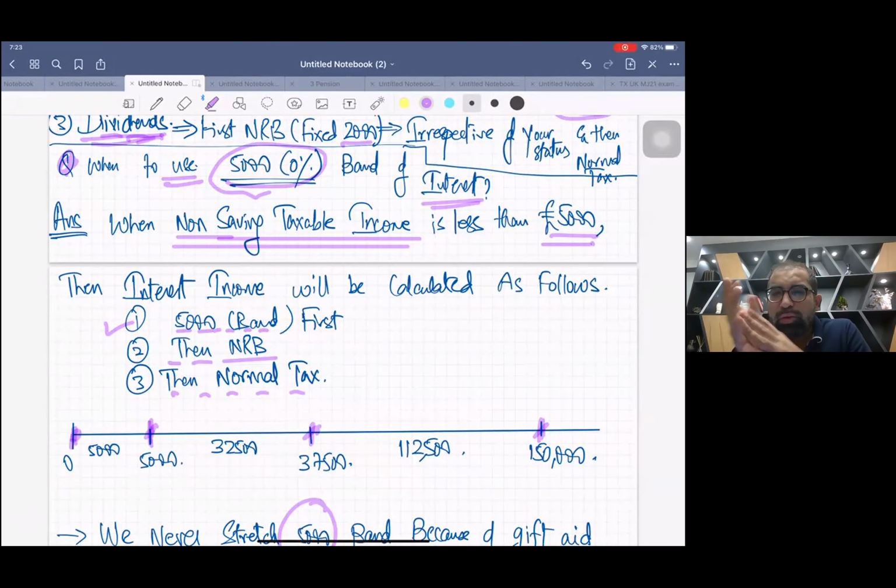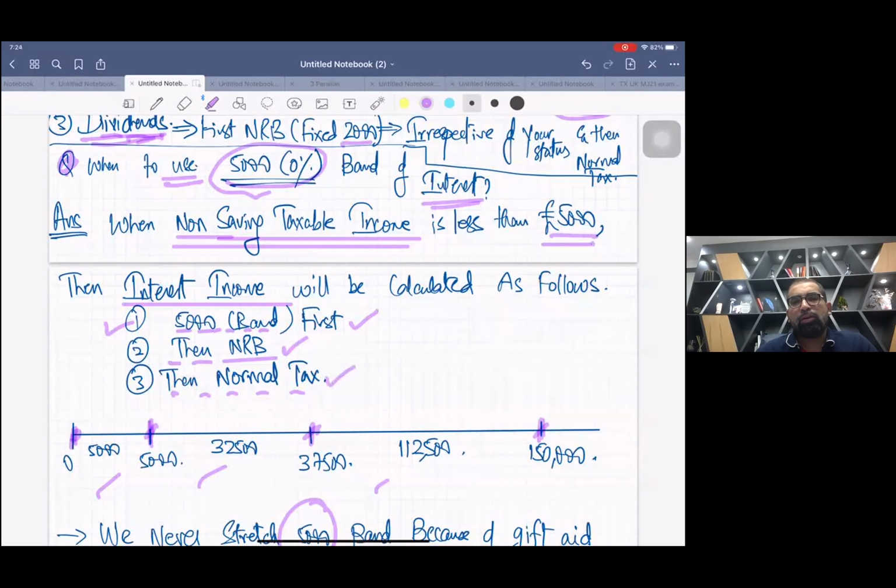The band allocation will be like this, and this will be the order of interest income tax computation. First priority: use that 5,000 band of 0%, then use the NRB of interest, which is always according to your status, and then normal tax.